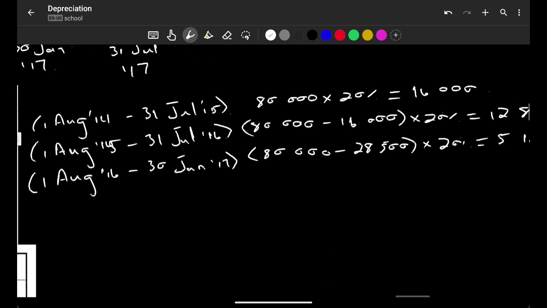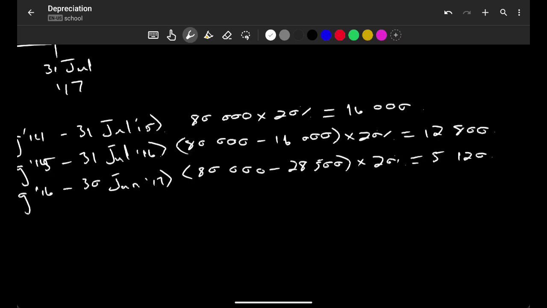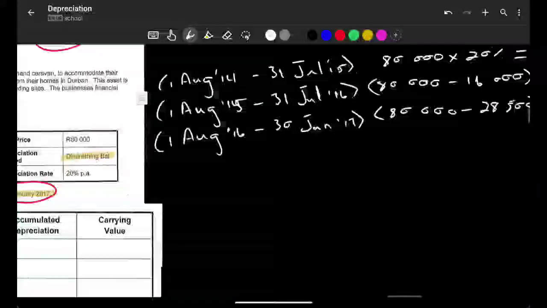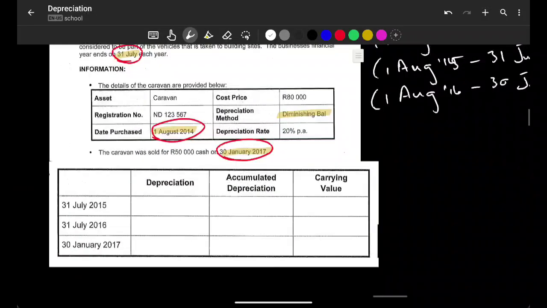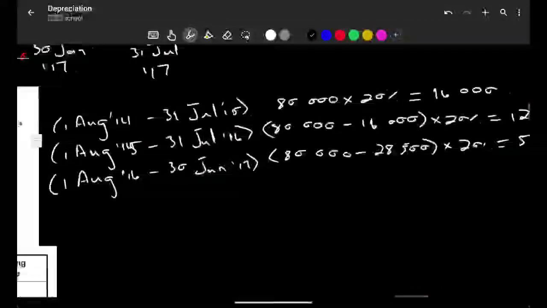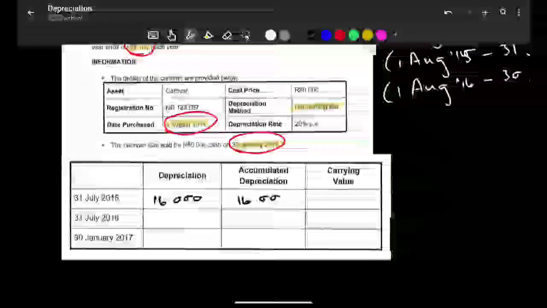Now the whole point of you doing this is to find out what your accumulated depreciation is at that point and what your carrying value is. So our depreciation, filling this in, for year 1 was 16,000. Our accumulated depreciation at the end of that year is still 16,000, right?